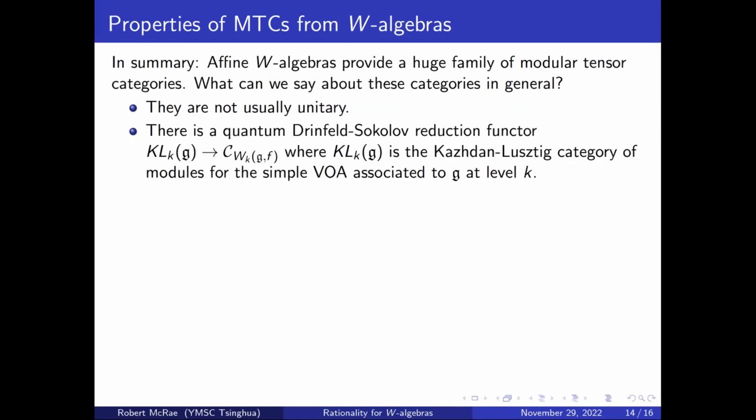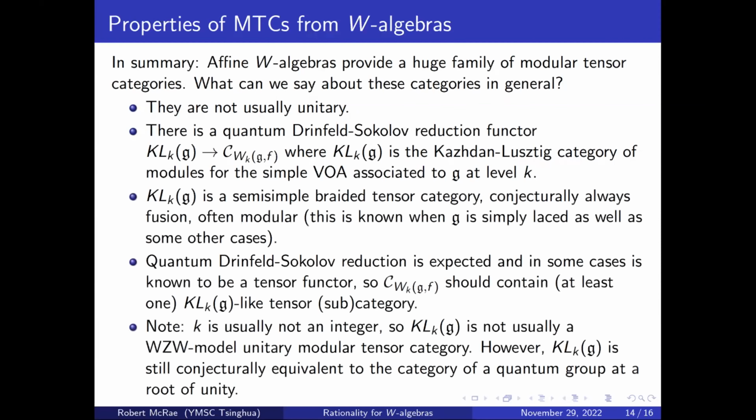Another thing we can say about the structure is that there is some relation between the W-algebra module category and this Kazhdan-Lusztig category, which is the category of modules for the simple VOA associated to the affine Lie algebra of G at level K. You can generalize quantum Drinfeld-Sokolov reduction to apply to modules, and it takes modules for the affine VOA to modules for the W-algebra.